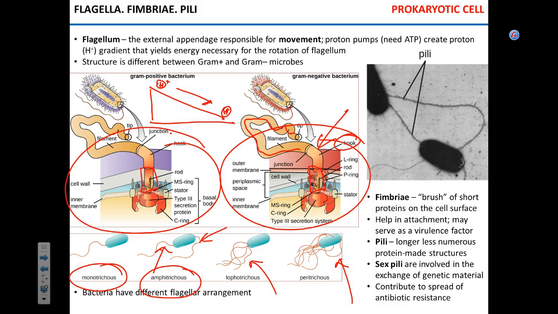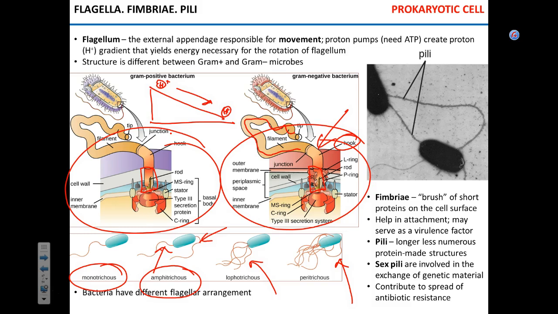Flagellum, which advantage does it provide to bacteria? Ability to move. If bacteria can move compared to its counterpart that cannot, do you think the motile bacteria is going to have higher or lower virulence? Higher, exactly. Flagellum is another example of a virulence factor. Does that make sense?